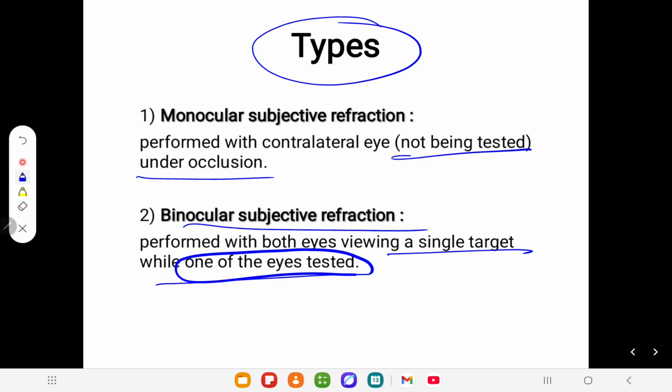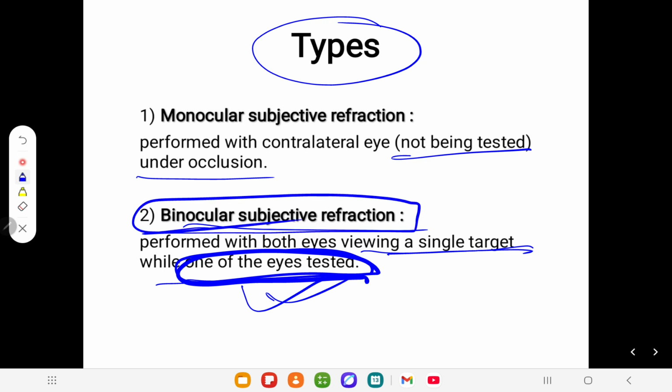We test only one eye, but the other eye is also open, not occluded, and both eyes view a single target, not the examining target, but the binocular periphery. We will discuss it later on, but it's quite tricky.